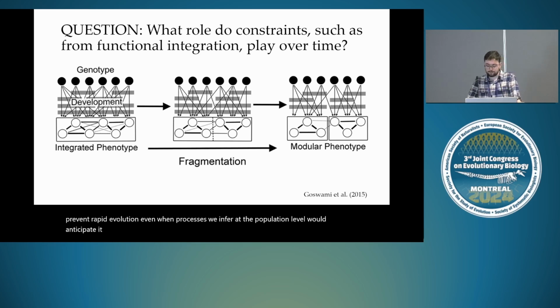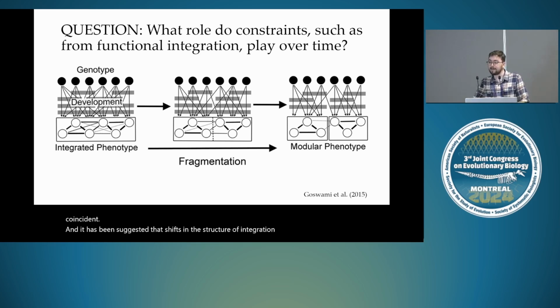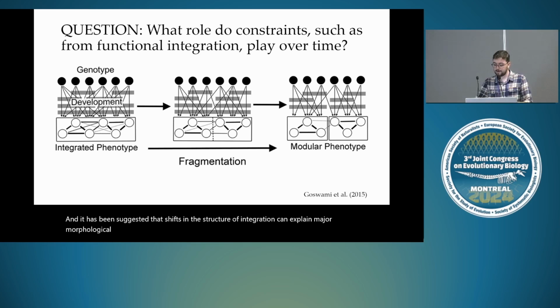This could explain the fact that discordance and innovation are not universally coincident. And it has been suggested that shifts in the structure of integration can explain major morphological changes over time. So right now we're exploring ways to model shifts in evolvability of morphological characters over time.